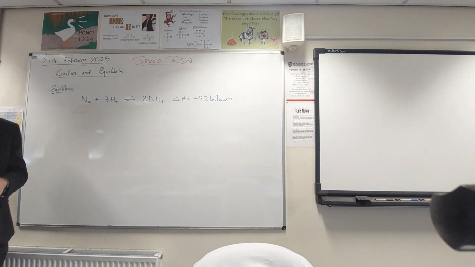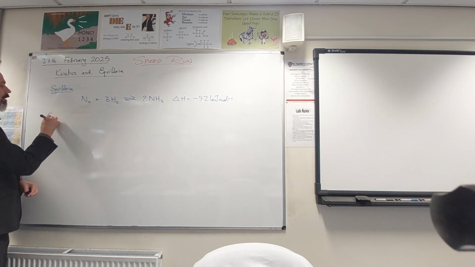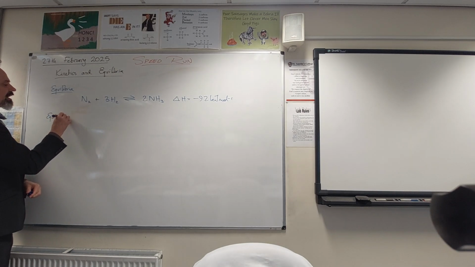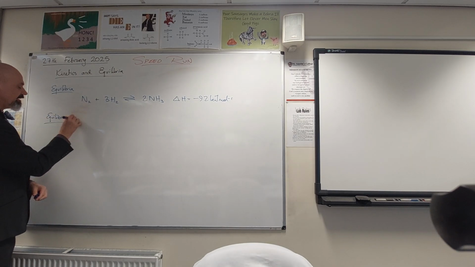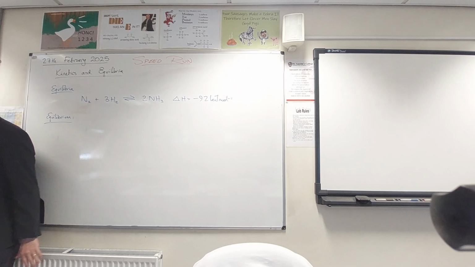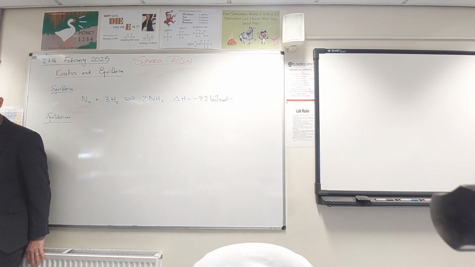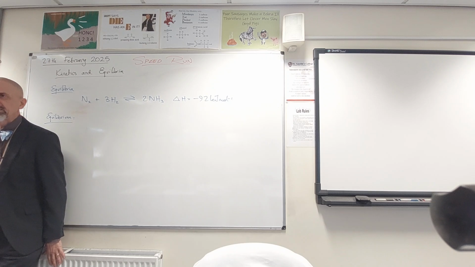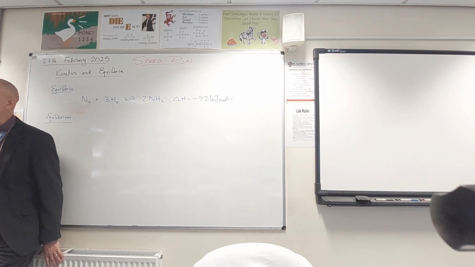First of all, when we say a system is in a state of equilibrium, what do we mean? Or dynamic equilibrium. We don't have static equilibrium in chemistry.